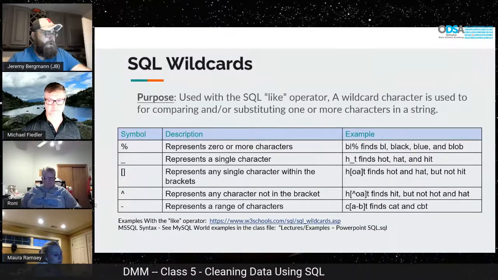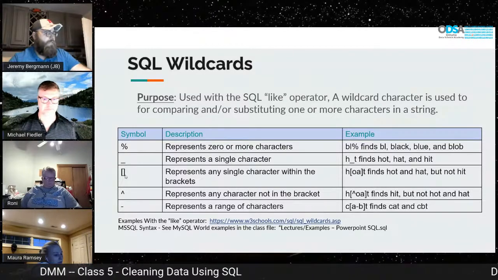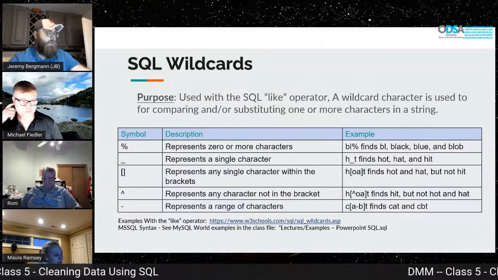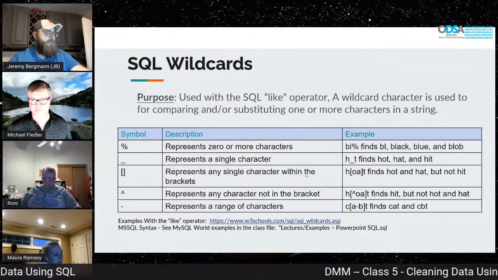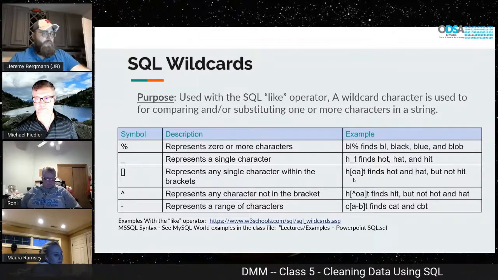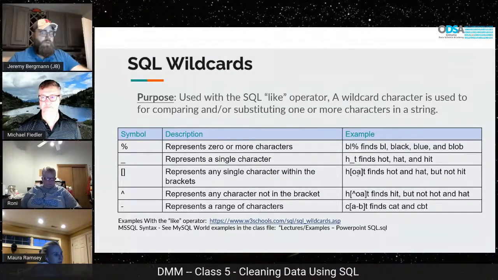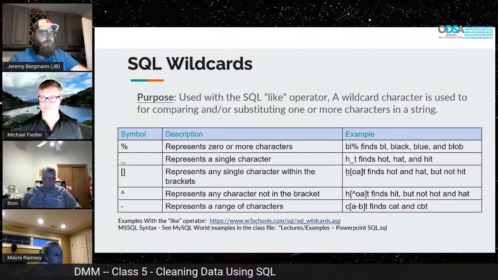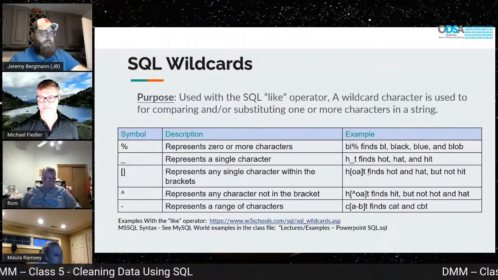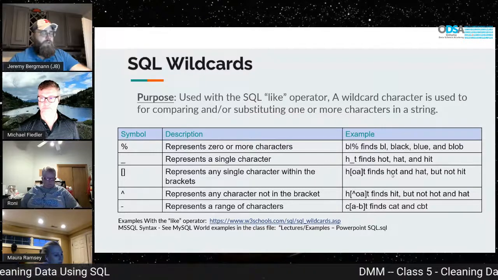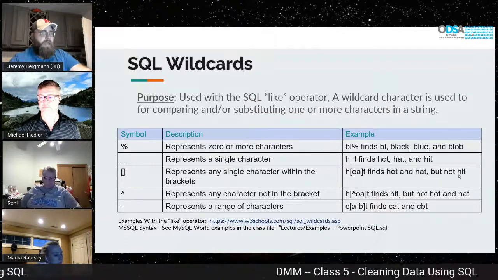All right. If you have characters in brackets, it represents any single character within there. So you could put a bunch of characters in the middle with H at the start and T at the end, and it'll find hot, hat, but not hit.